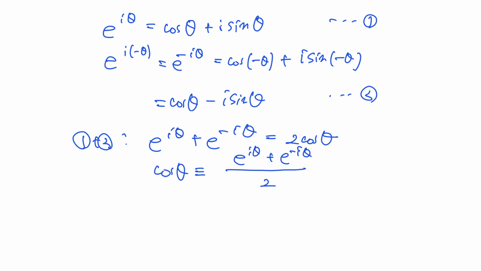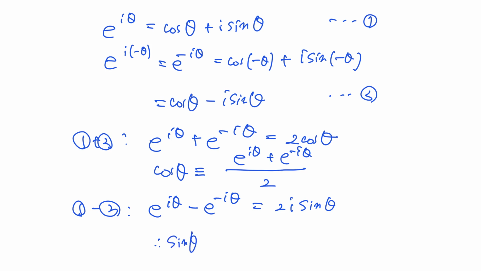1 minus 2: exponential i theta minus exponential minus i theta is 2i sine theta, right? So sine theta is exponential i theta minus exponential minus i theta over 2i.